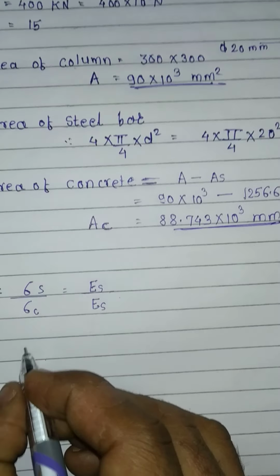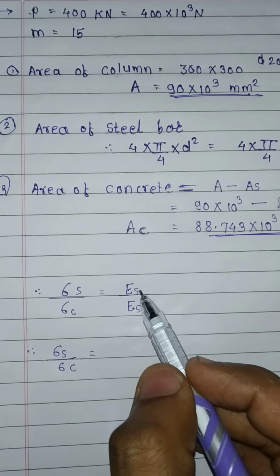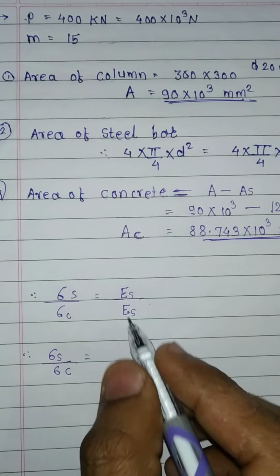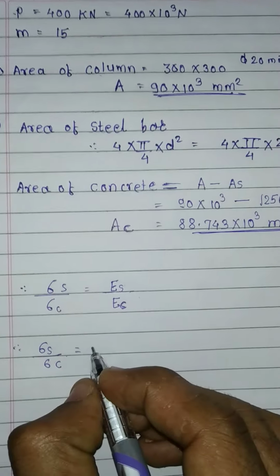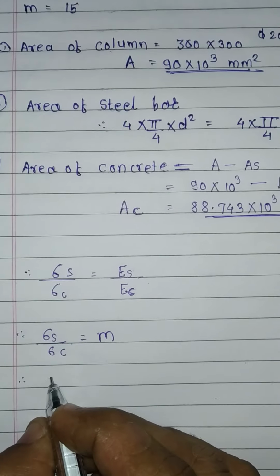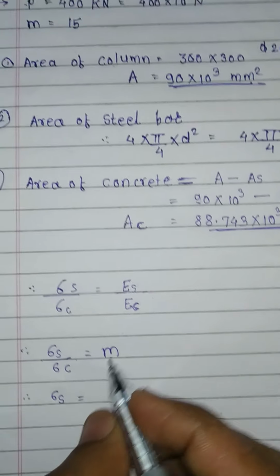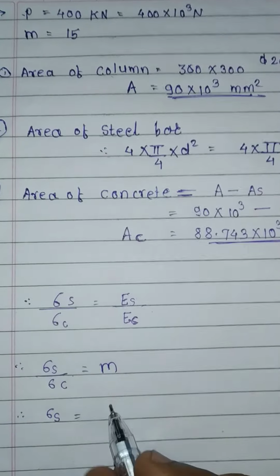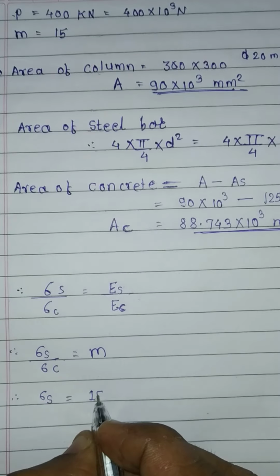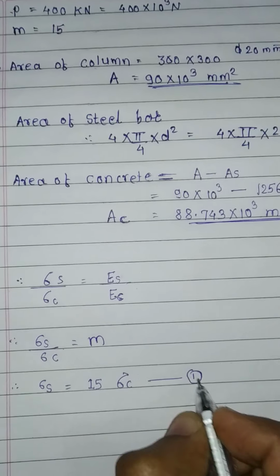Here we put m. Therefore sigma s is equal to m, and the modular ratio is 15, so we put 15 into sigma c. This is equation number 1.